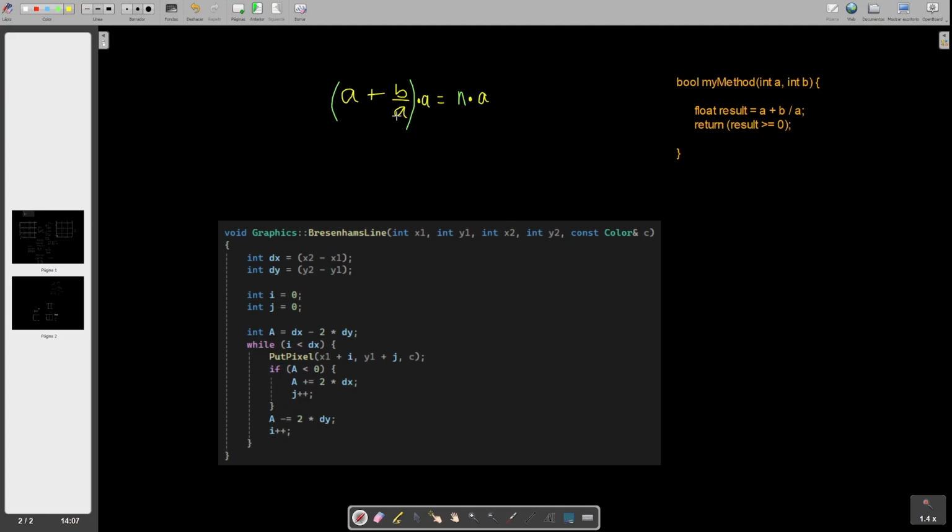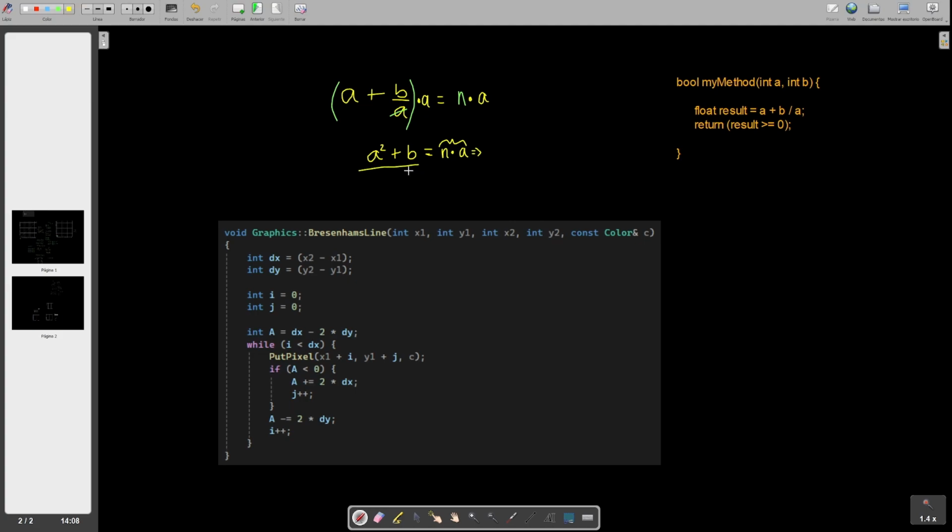And this is going to allow me to get rid of this term, this division, and now my new equation is going to be a squared, a times a, plus b, and it is going to be n times a, which at the very end doesn't matter, because I'm just interested in the sign of the result, which is going to be preserved.